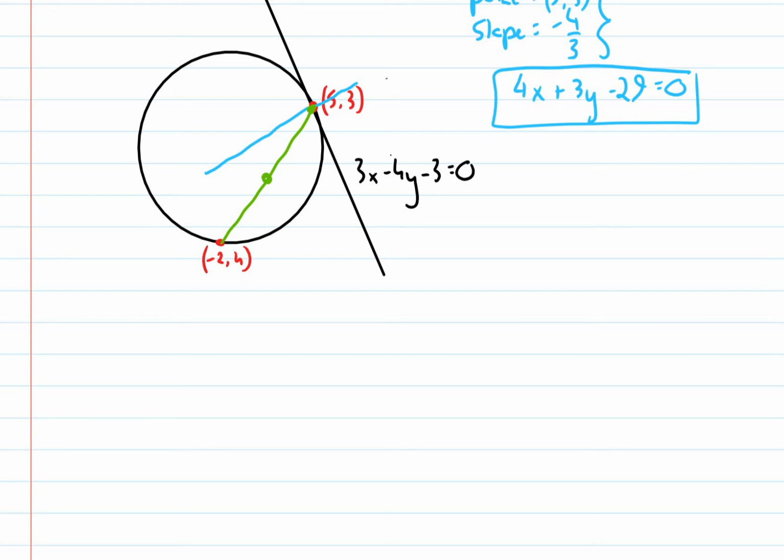Using the midpoint formula and the 2 points (5, 3) and (minus 2, 4), I will get a midpoint of 3 over 2 and 7 over 2. So that's that point. Using these 2 points again, I will get the slope of that green line. The slope is minus 1 over 7.